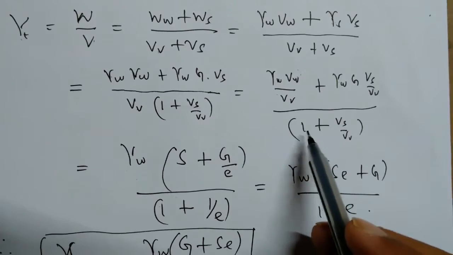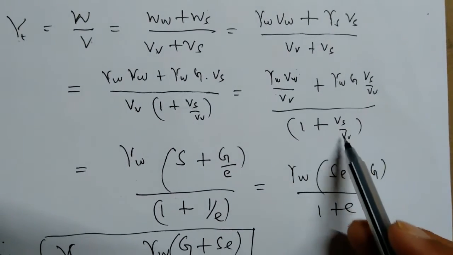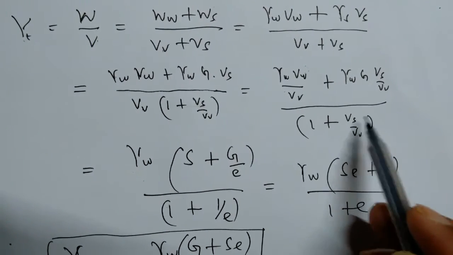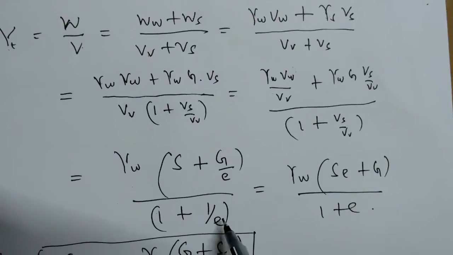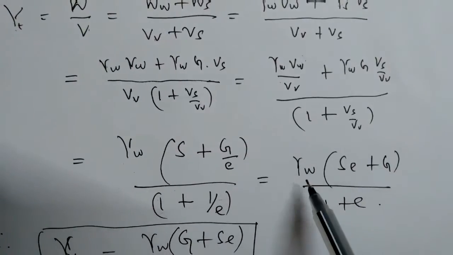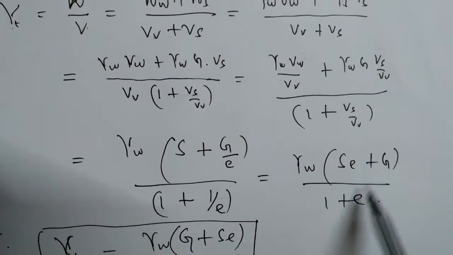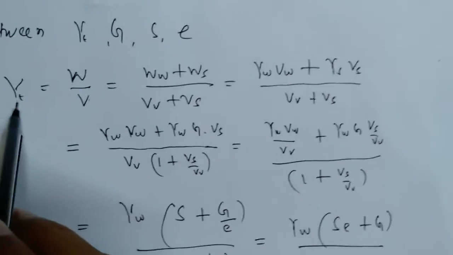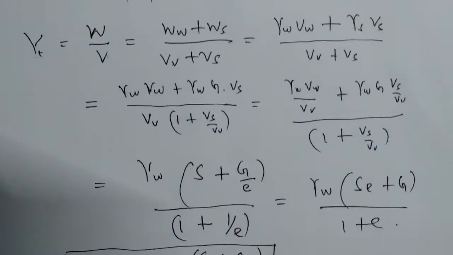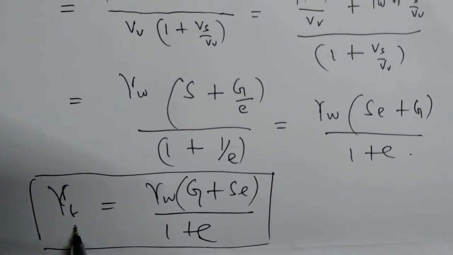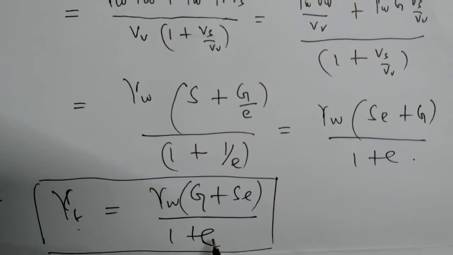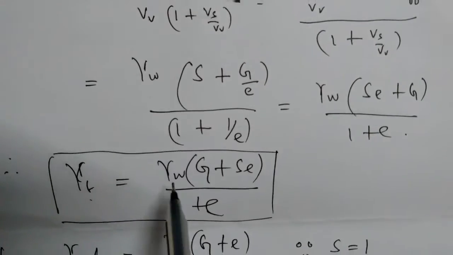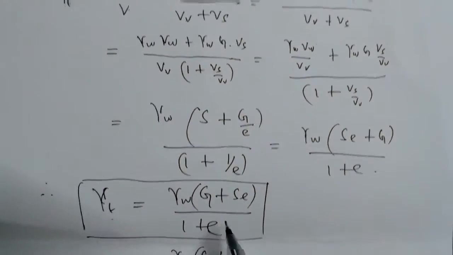And in the denominator, it is 1 plus Vs by Vv, which means 1 plus 1 by e. Again, if you solve it, you will get gamma W (Se plus G) by (1 plus e). You can check yourself. So finally, total unit weight gamma T is equal to gamma W into (G plus Se) by (1 plus e). You should remember this formula.